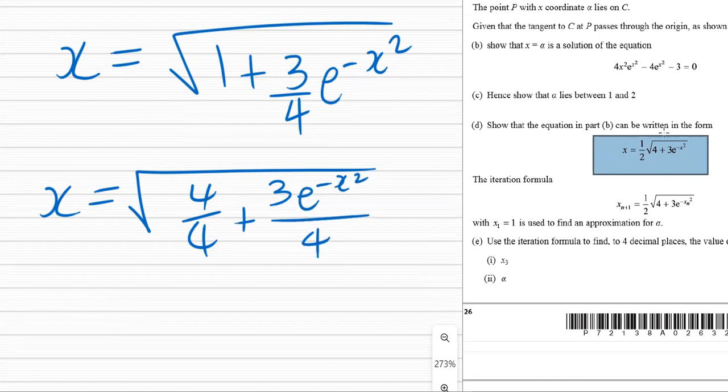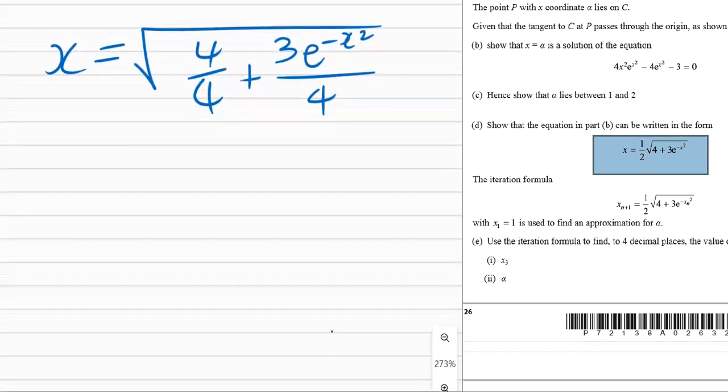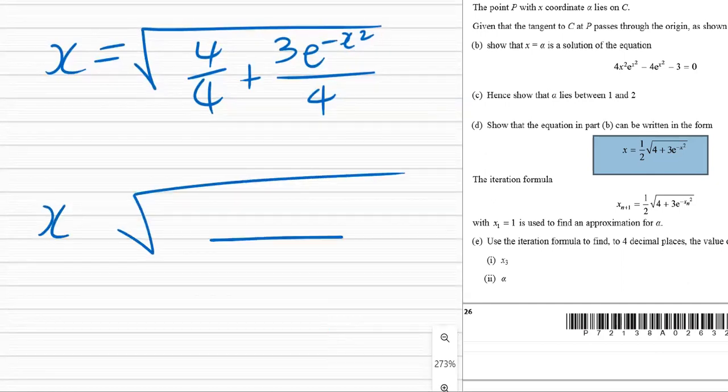Still getting closer. So, excuse me, we have a numerator of everything over 4. 4 plus 3. So now I've got 4 plus 3e to the minus x squared.